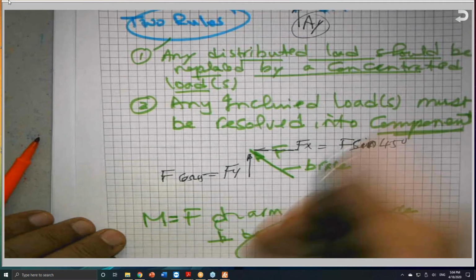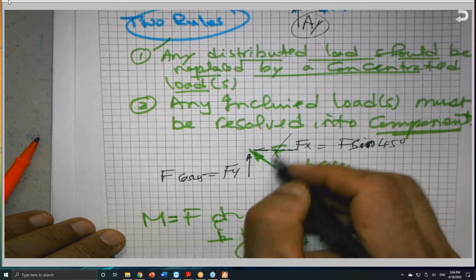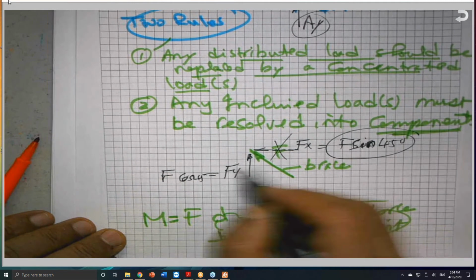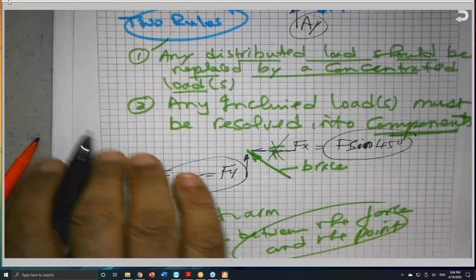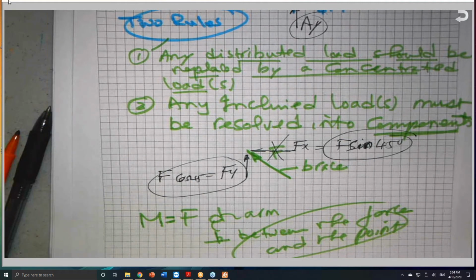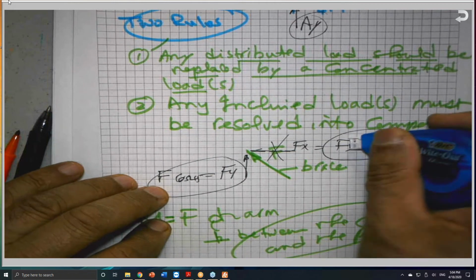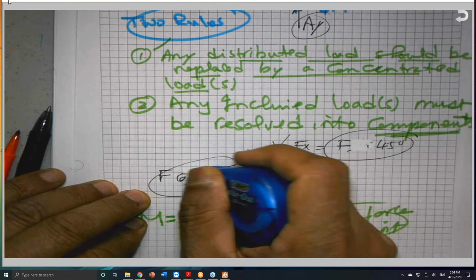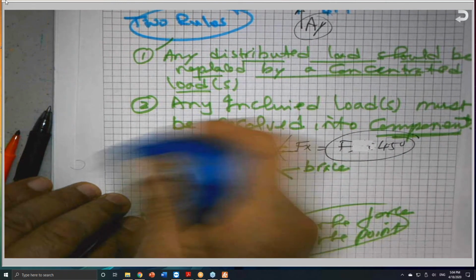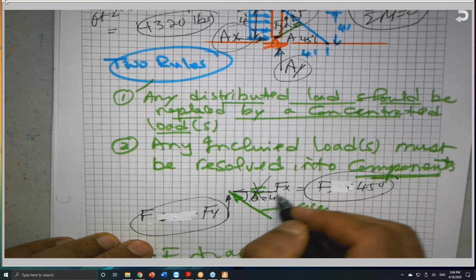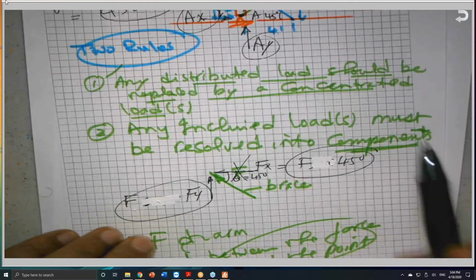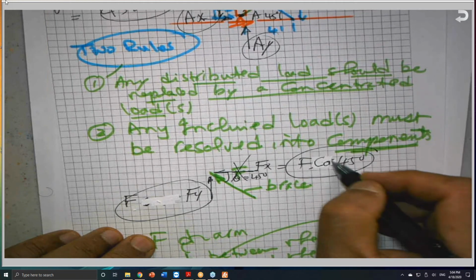So this force F, I broke it down into two components, one horizontal and one vertical. F sine and cosine for 45 are the same. So this is F, and this is the angle theta, which is 45 degrees. So the force has a component in the x, which is F cosine, and this is F sine.